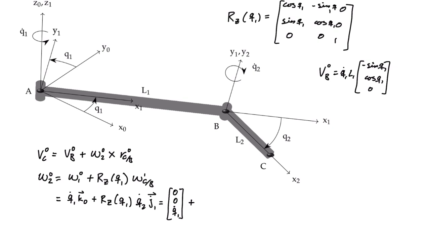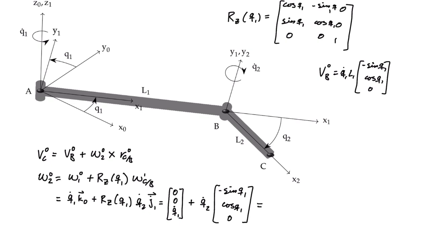And then we plus with, so now we multiply this one by this one, which means that we can disregard the first and the third column. So we just look at this one. So we have q2 dot, and then multiplied by minus sine q1, and then we have cos q1, and then 0.